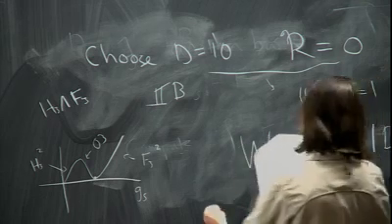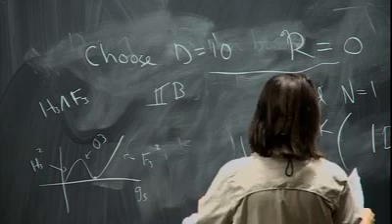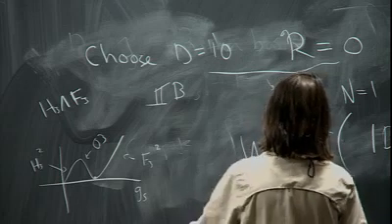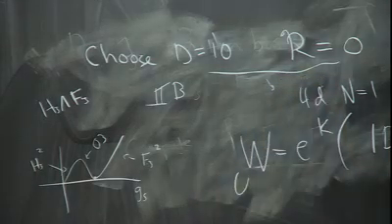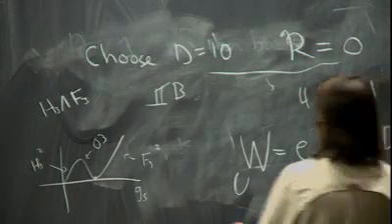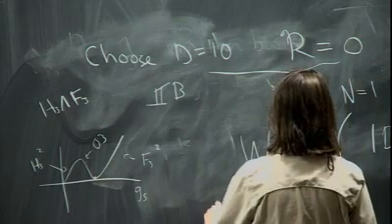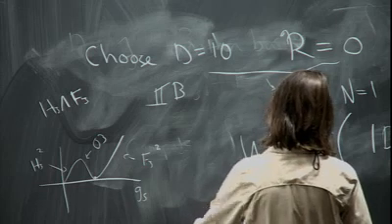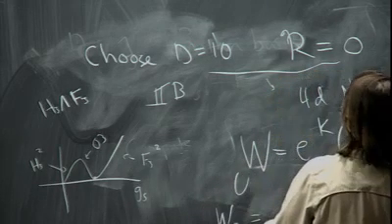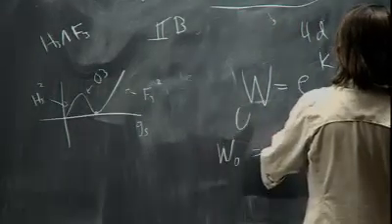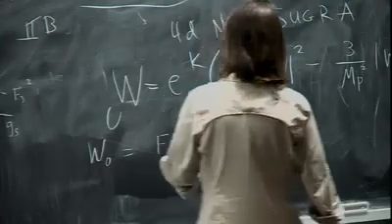Well, long story short, the superpotential contains, in addition to classical pieces, a classical piece, W naught, which is a combination of F3 and H3.